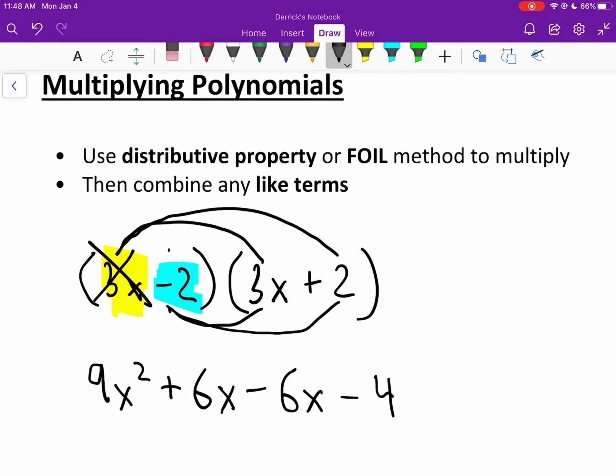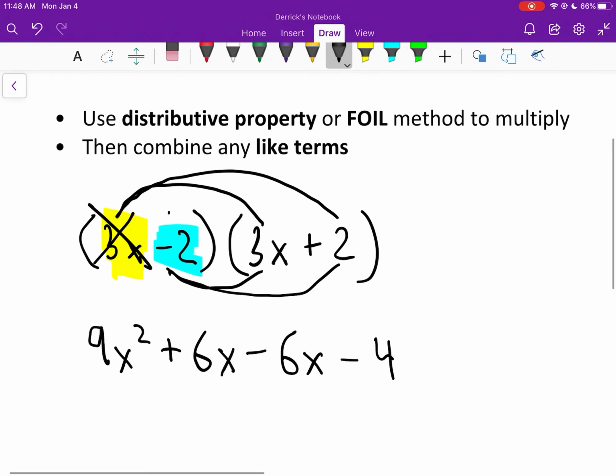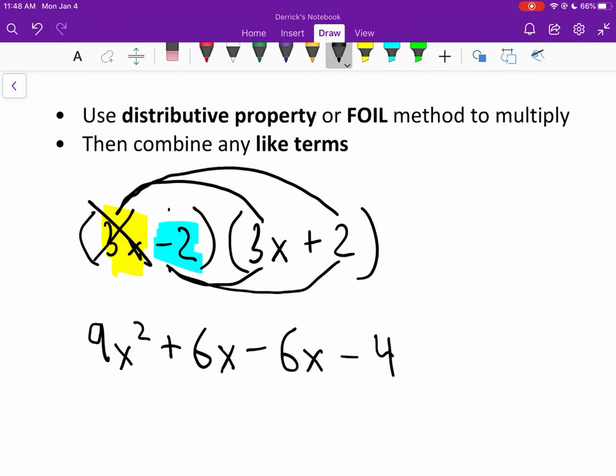Now, this is not necessarily our final answer, because for this to be our final answer, we need to look at what we have and see if there's any like terms that we could combine. Well, when I go looking through here, the first term I see is 9x squared. So remember, when we talk about like terms, not only do the variables need to be alike, but they have to be the exact same exponent.